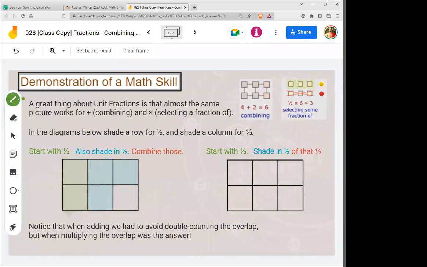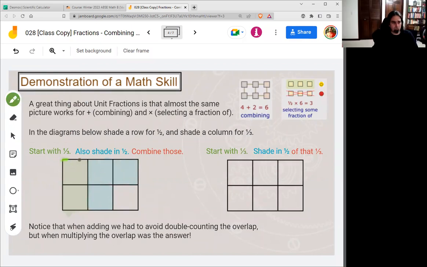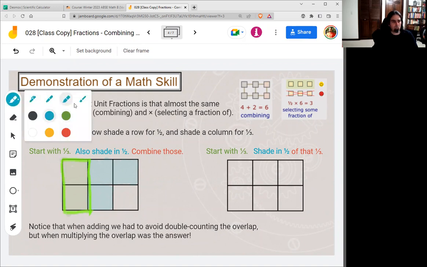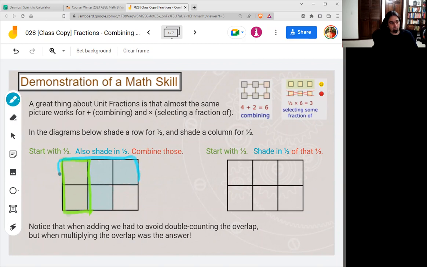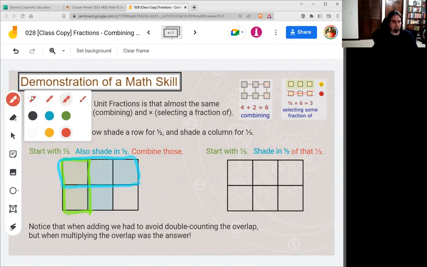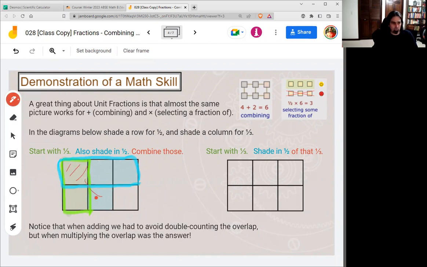So we had our 1/3, and we had our 1/2. And life was pretty good with combining them, except that when they would double count, we had to move a blue square.